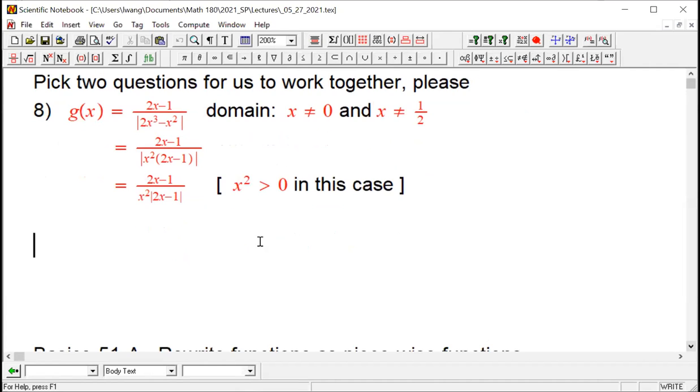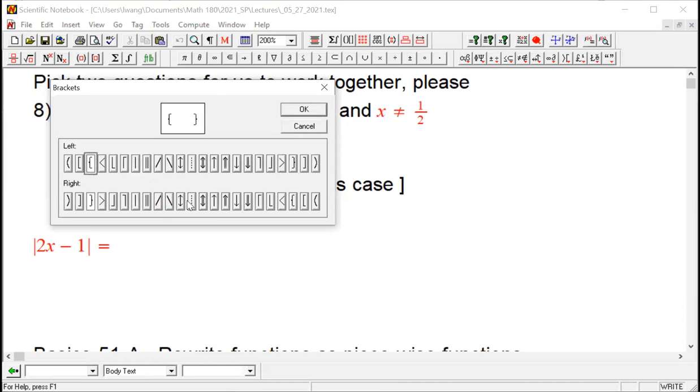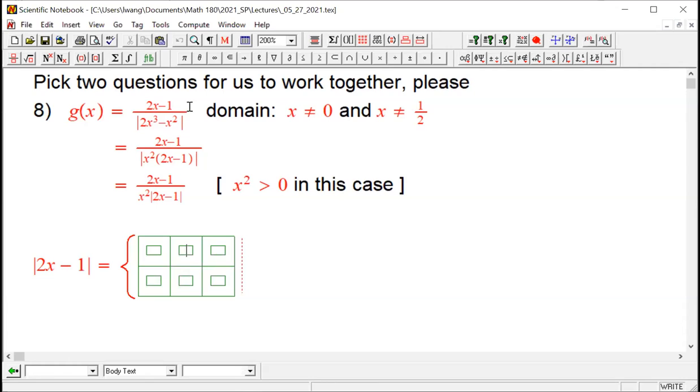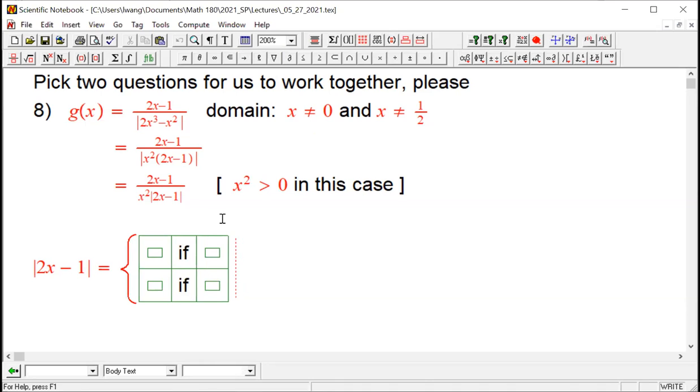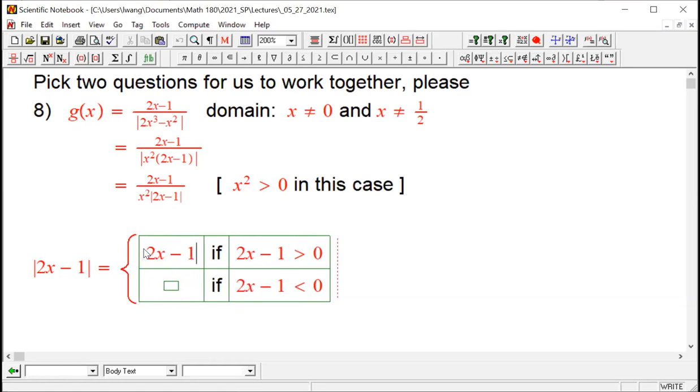And next, you can do the conventional way. We just did, right? You can do it this way: say the absolute value here, and you have 3 cases, right? This if 2x minus 1 is larger than 0, and this if 2x minus 1 is less than 0, which gives the negative of 2x minus 1.